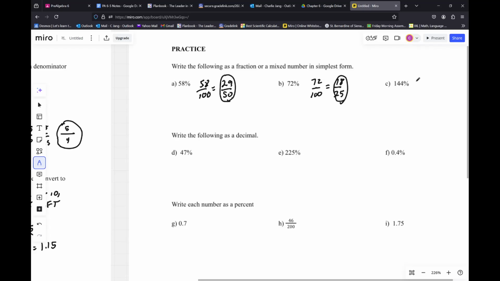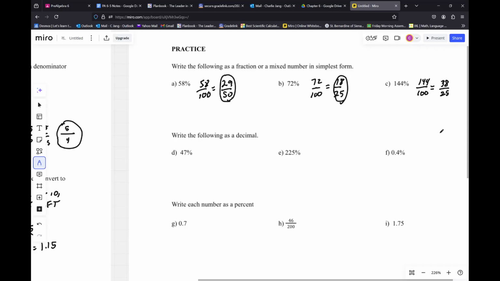So this is it. That's the answer. And 144%, that is going to be 144 over 100. Remember, percent just means over 100. And what does this simplify to? 144 over 100, I believe, is, let's see, divisible by 4. So this top becomes 38 over 25.